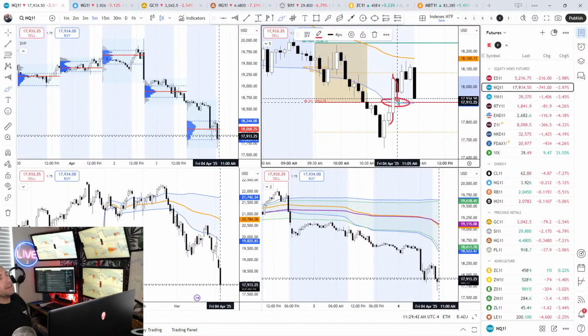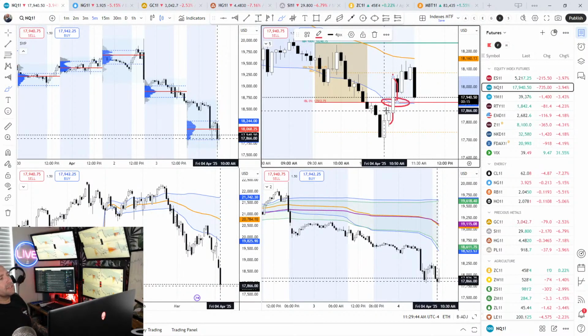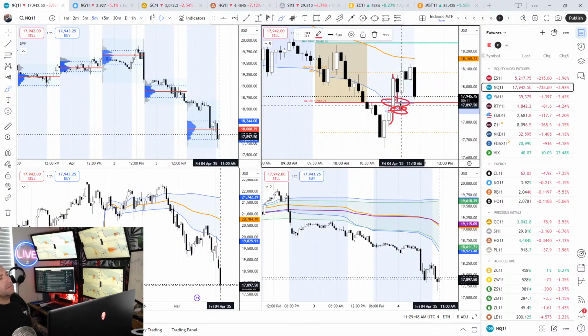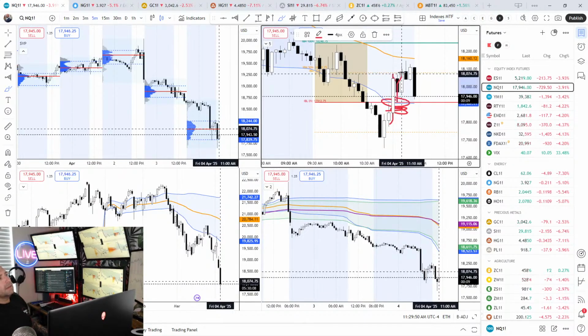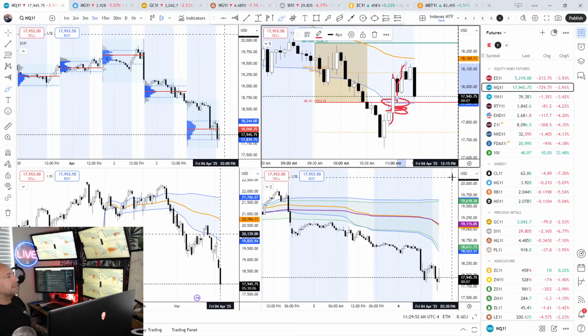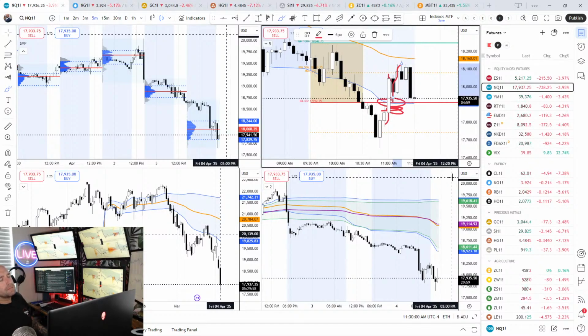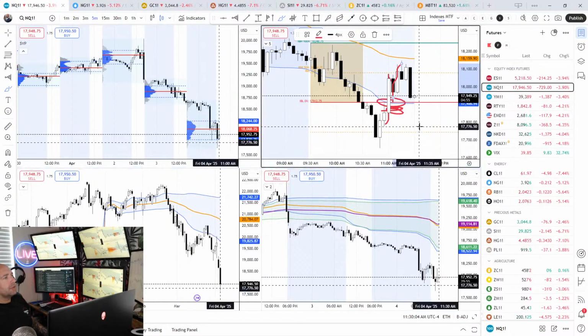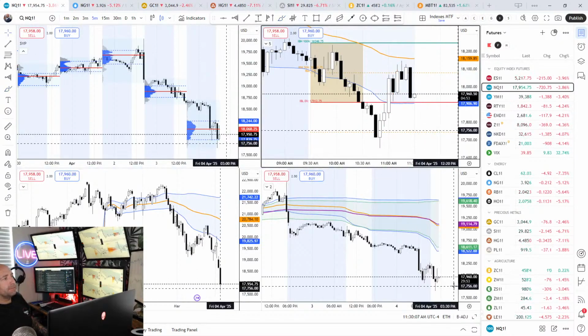And this is the great area to get in, manage your risk, because your stops can go down here outside of value and try and catch the upside. The VWAP, we're close to it. It's a beautiful trade. It's one of my favorite setups.